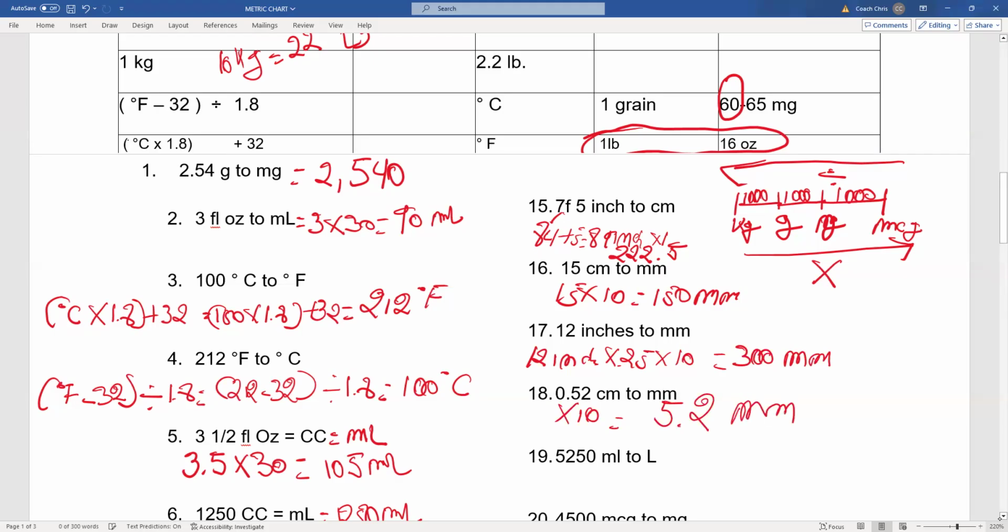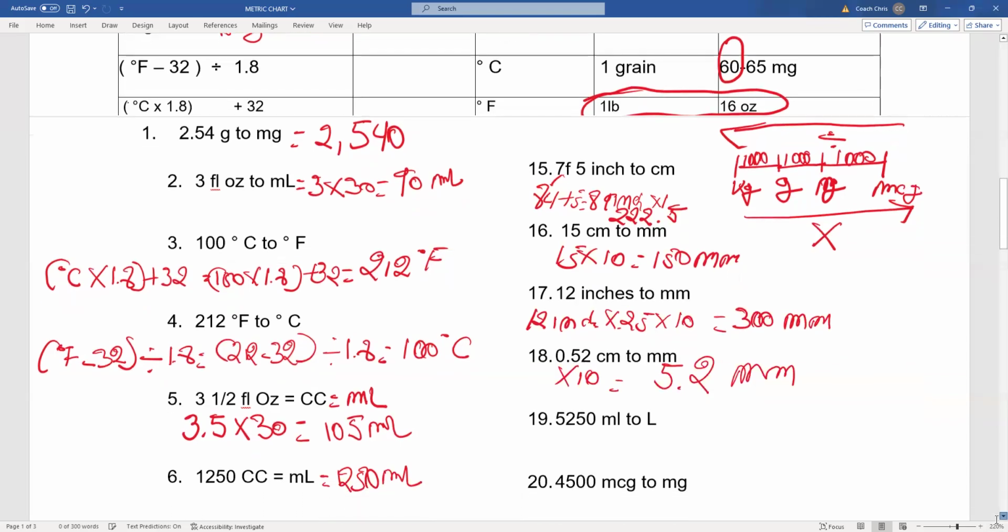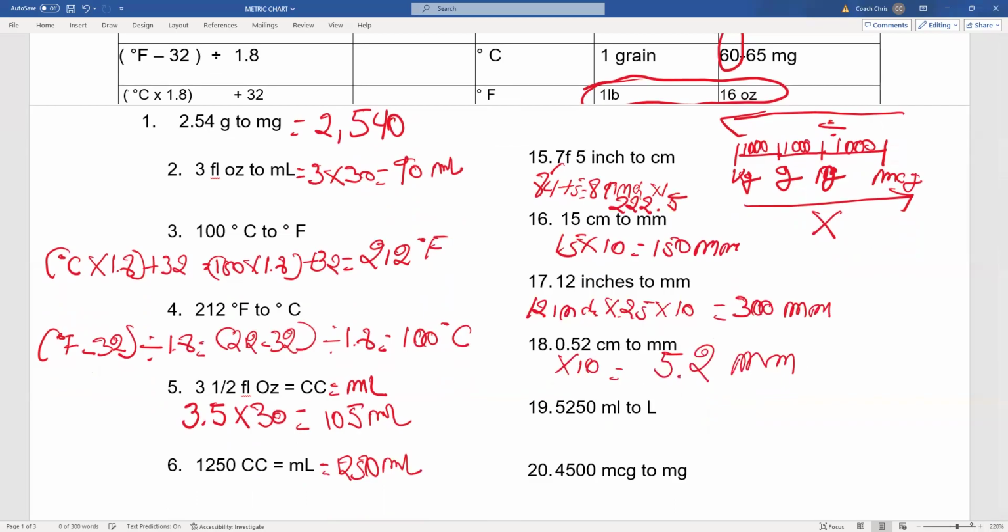Okay, let's do number 19. Number 19, you have a milliliter to liter. We learned when you go from milliliter back to something except microliter, you will have to divide. When you go from something like spoon, ounces, or cup, or tablespoon, or pint, quart, whatever it is, to 1 milliliter, you will have to multiply. You just need to know the conversion number and multiply by.